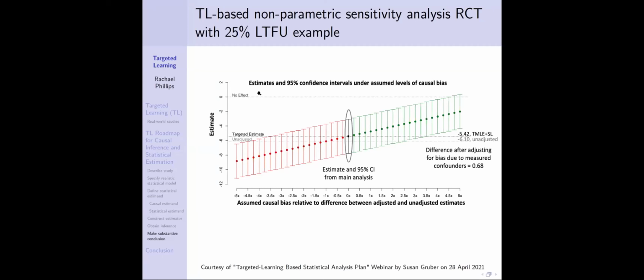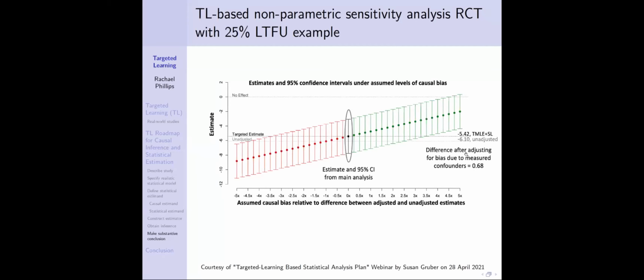So here we have this gray dotted line, which represents no effect. And we can see that we don't get to that point until here. So if the unmeasured confounding is 5 times more powerful than our measured confounding, that's when we would see a null effect.